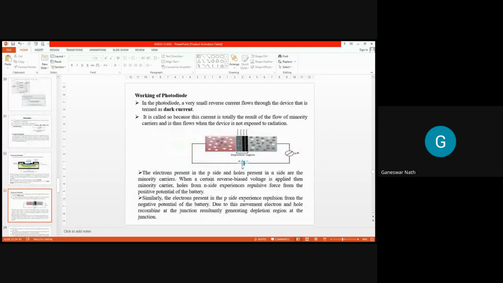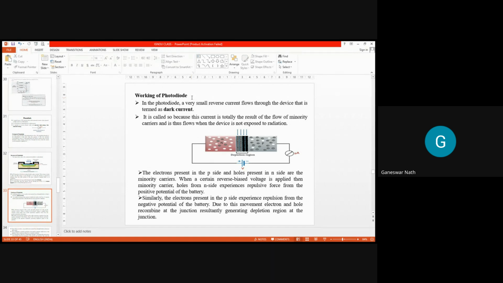Now coming to the working of the photodiode. In this photodiode, a very small reverse current flows through the device, which is termed the dark current. Remember, I told you before, even if we are not allowing light to be incident on the photodiode, some internal mechanism takes place, with random recombination of electron-hole pairs, and that produces a dark current.